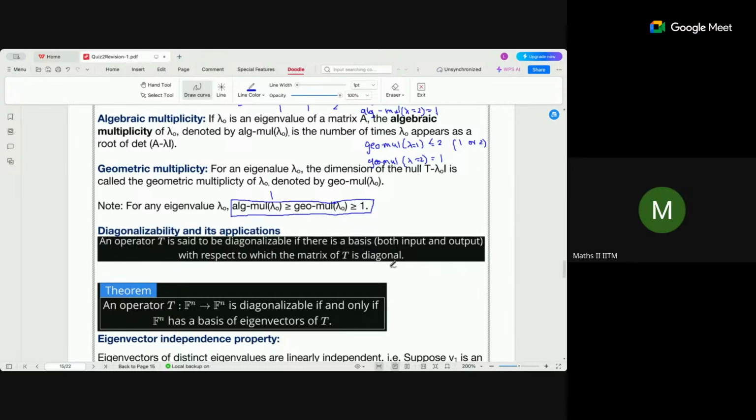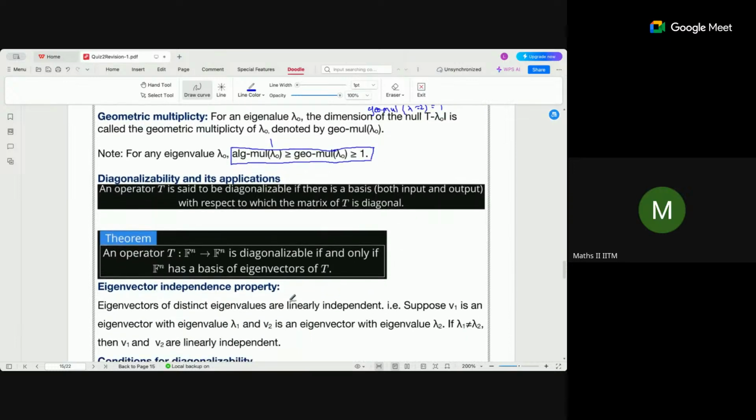If we are able to find a basis such that the matrix representation with respect to that basis is diagonal, then we say that the transformation, or the corresponding matrix, is diagonalizable. Usually for this, we use the eigenvectors of T.